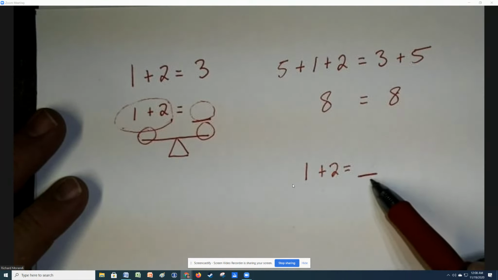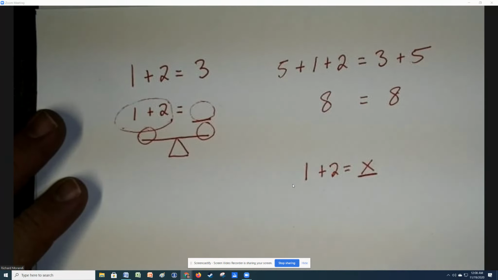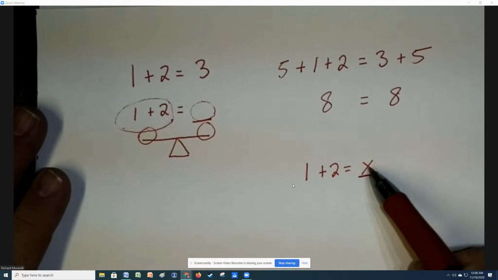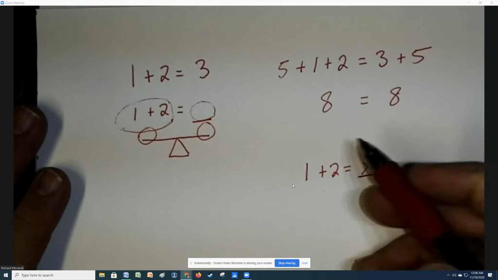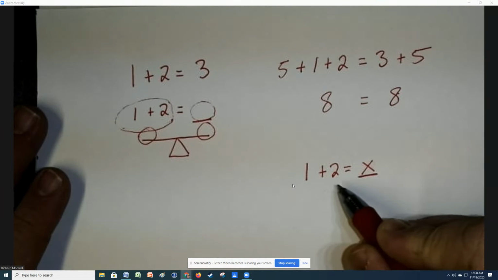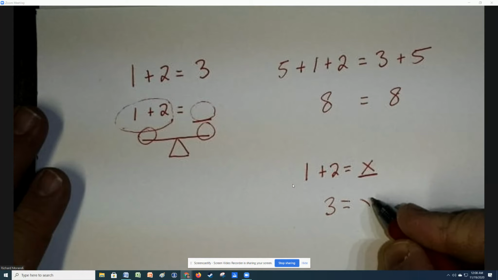Instead of saying what number, we just say x, or any letter or symbol that we choose. So 1 plus 2 equals x. Now I can solve for x: 1 plus 2 are like terms, so I can add them up and simplify that to 3 equals x.